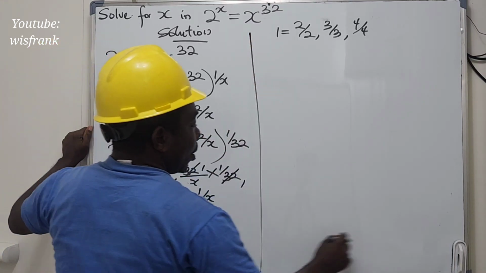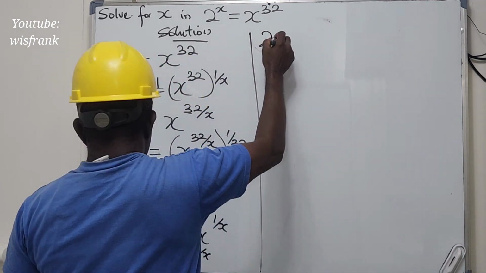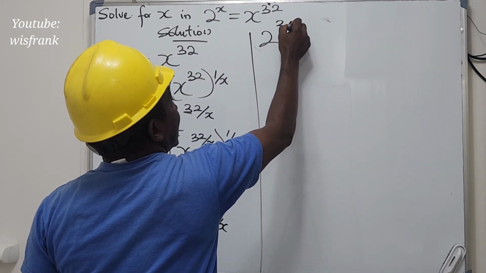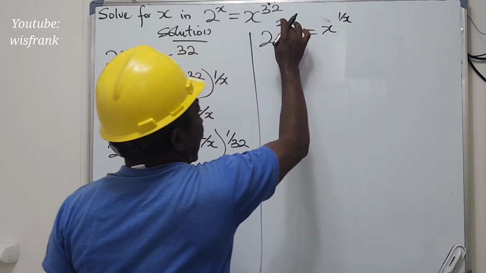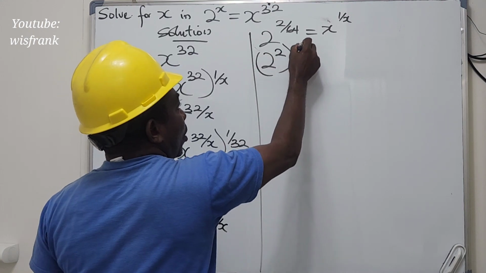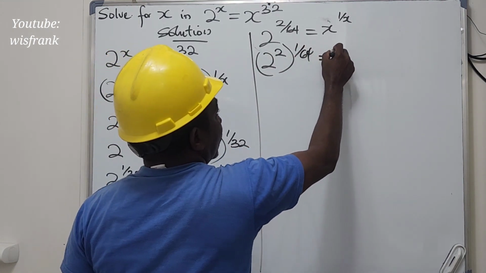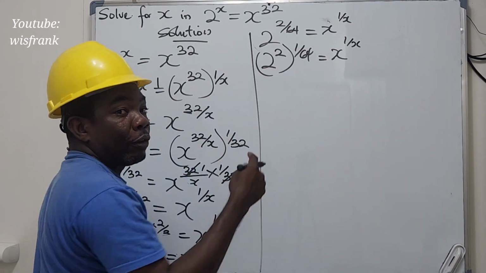So what we have here is 2 to the power of 2 over 64 equals x to the power of 1 over x. This can be written as 2 to the power of 2, all to the power of 1 over 64, equals x to the power of 1 over x. So here, 2 to the power of 2 is 4.